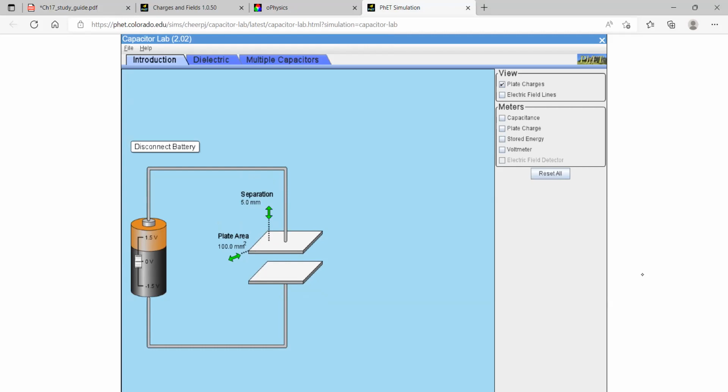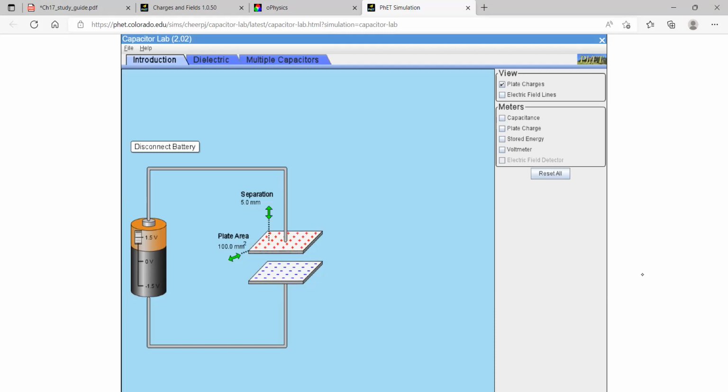So you see that at 1.5 volt, earlier in another simulation, you already saw that the charge and the voltage are proportional to each other. In this simulation, you can also see that.